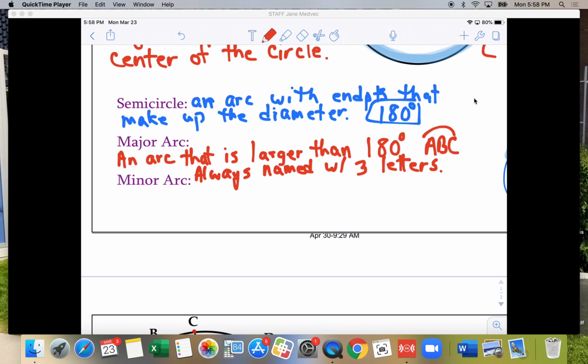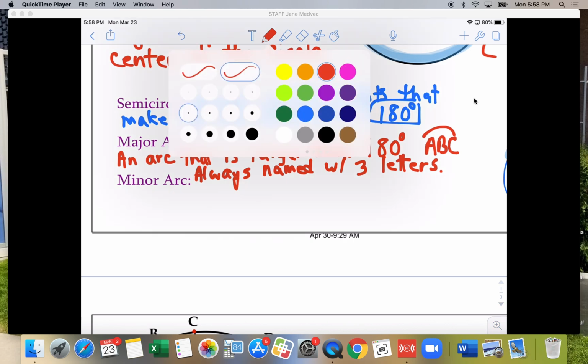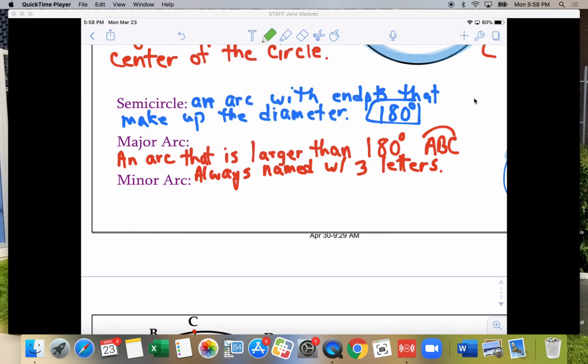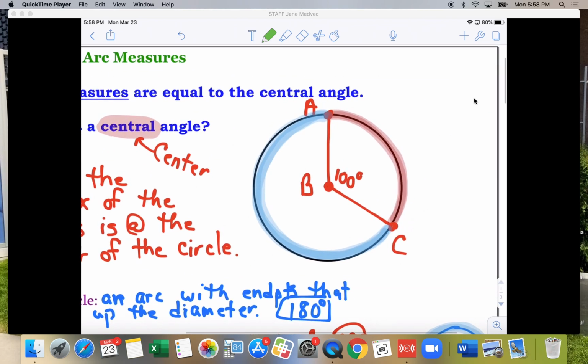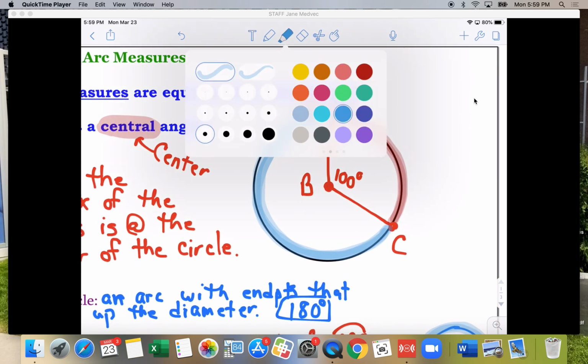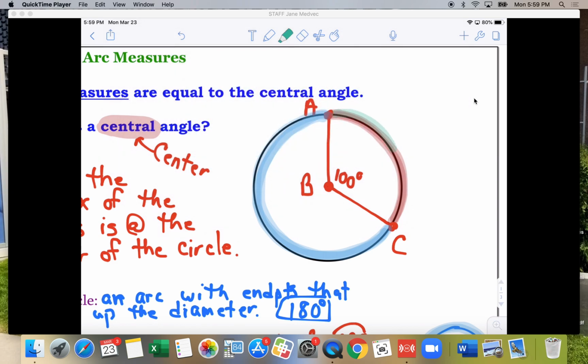Now let's take a look at a minor arc. A minor arc is an arc that is smaller than 180 degrees. If I look at my picture up here, an arc that is smaller than 180 degrees would be this arc right here.